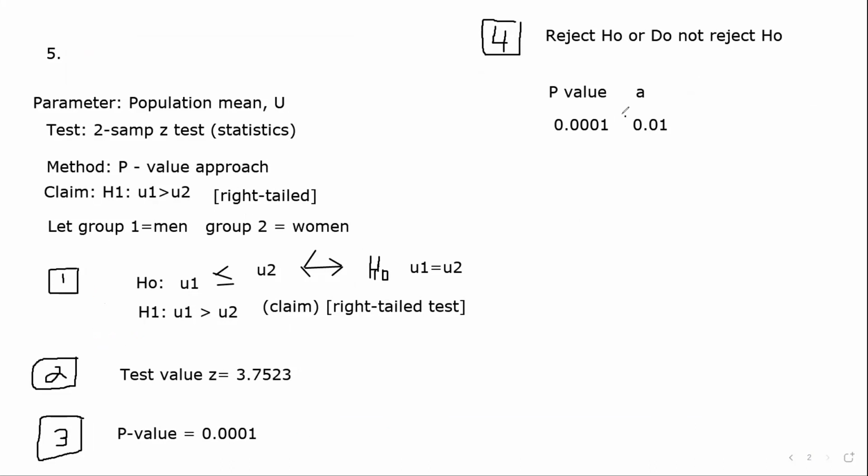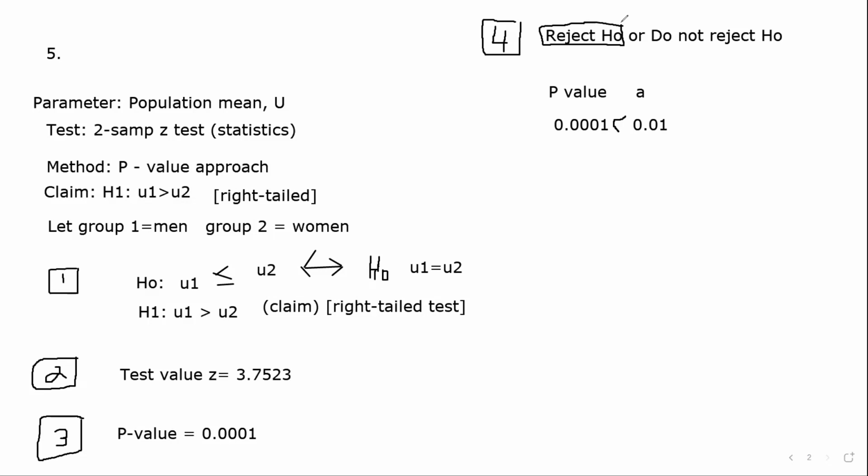So your p-value is smaller than alpha, okay? And so that leads us to reject the null hypothesis, okay?